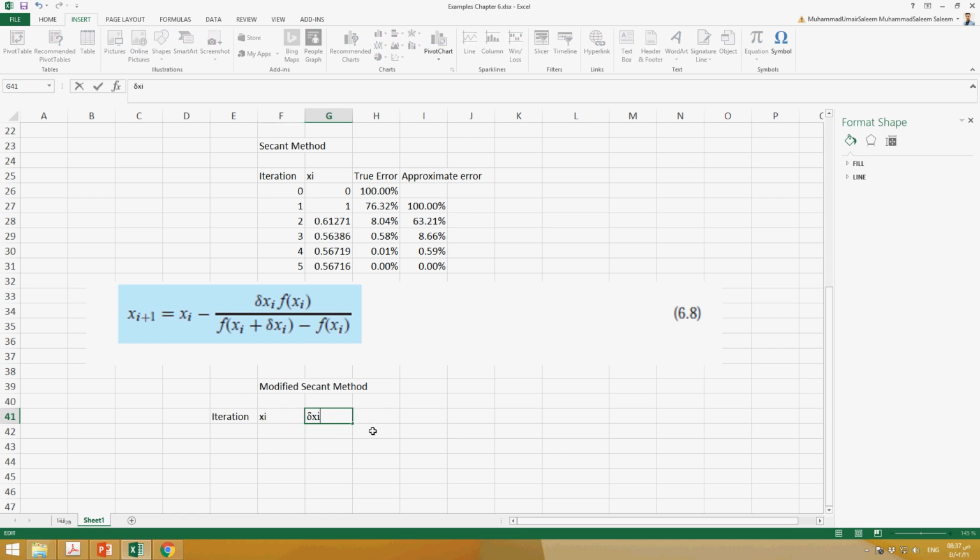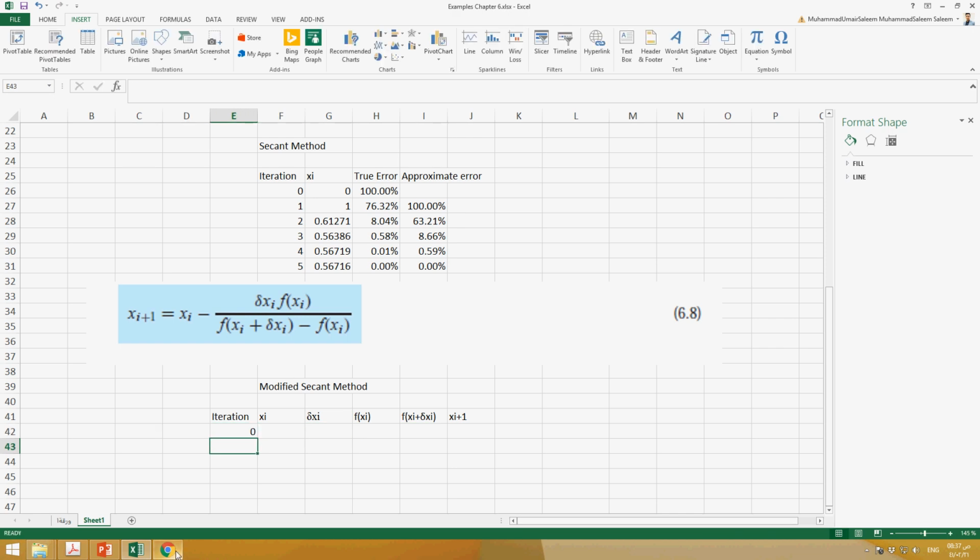Now we have delta xi, we can find f(xi). Then we need the function f(xi plus delta xi). And then we can find xi plus 1. So this is the first iteration.